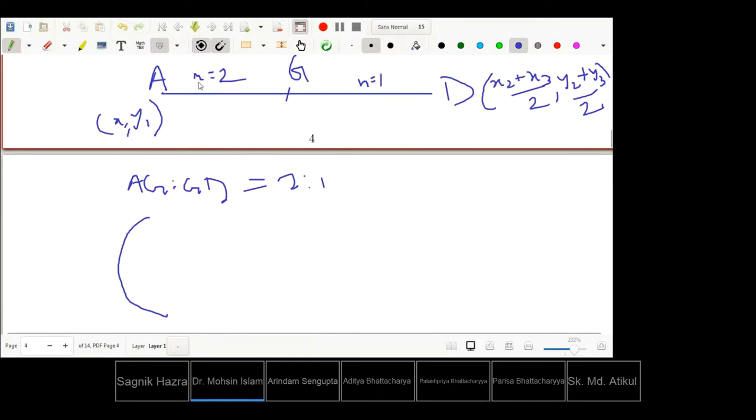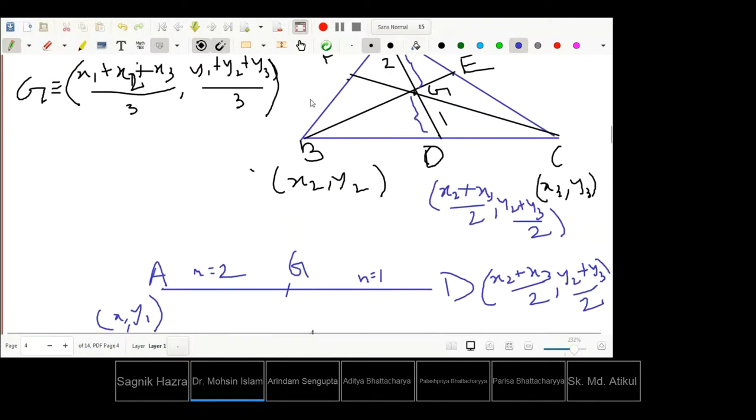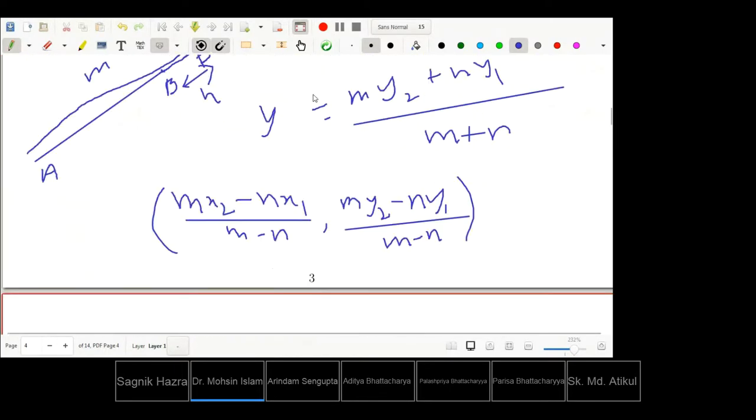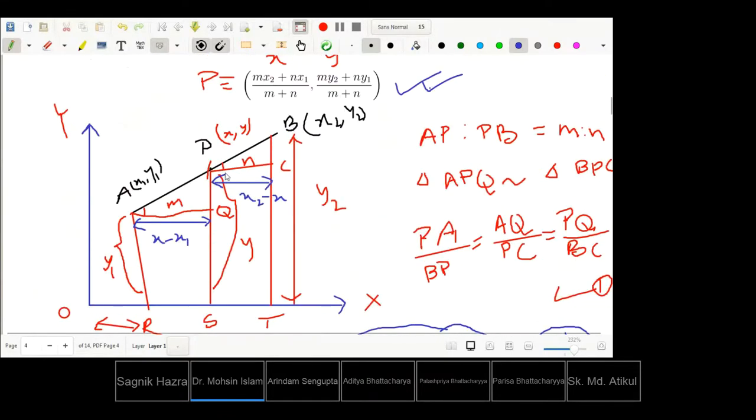Just look here, mx2. So this is your m, and x2 is on this side. That means the point is here, the opposite side. You are taking the coordinate mx2 plus nx1, just like idhar ka mal udhar, udhar ka mal idhar. So I am doing that here also.